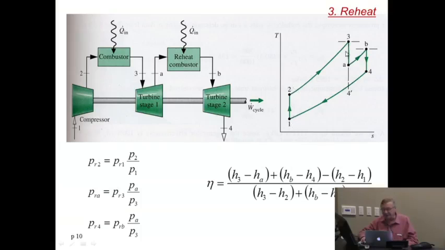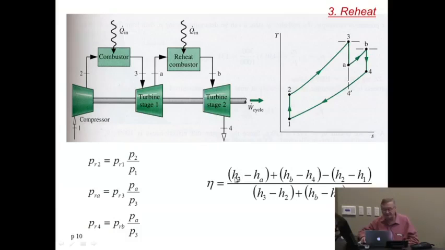So now what you have is an additional piece of work that you can carve out. This is the area A to B to 4 to 4 prime, an additional work that you can carve out. And you have as heat 1 to 2, 2 to 3, and then again A to B to 4 and back to 0 here.